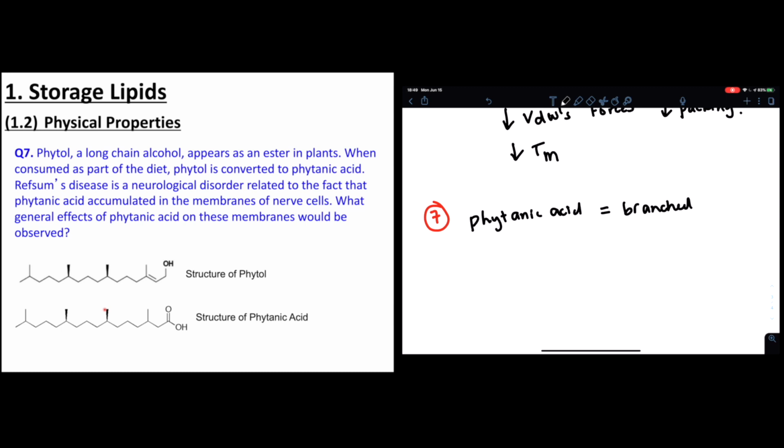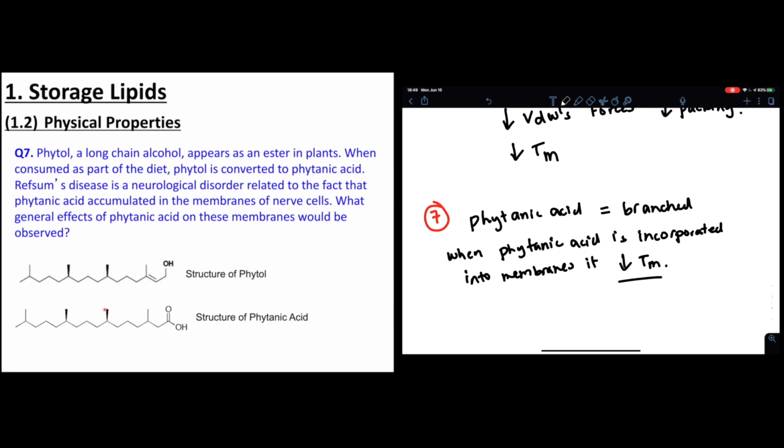So we're going to write this down, that when phytanic acid is incorporated into membranes, it causes a decrease in the melting temperature.